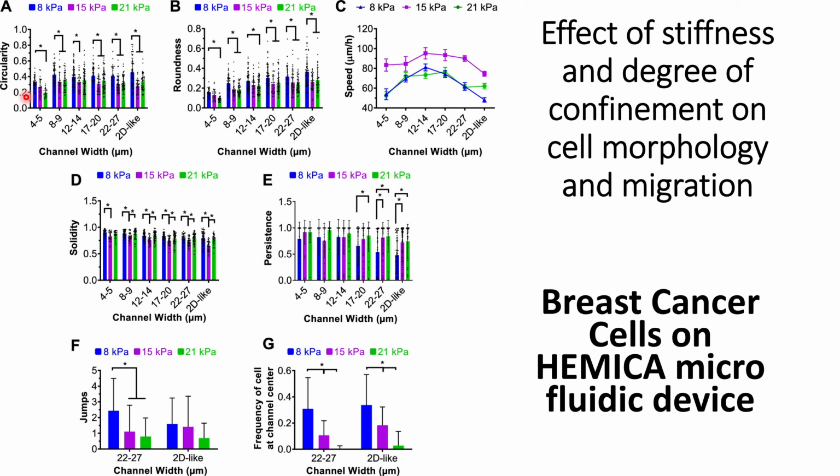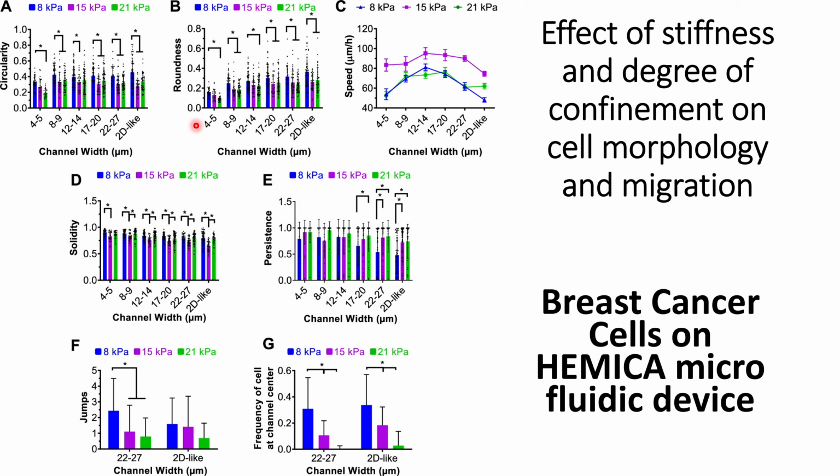In different channel widths, they found that 8 kilopascal always has the highest circularity in all the channel widths that we can see here. So this means that cells maintain their morphology in gels with lower stiffness.